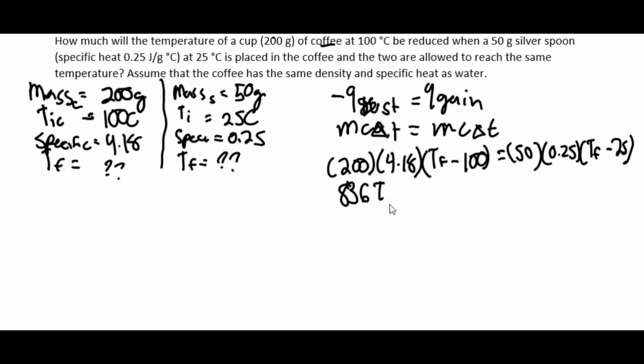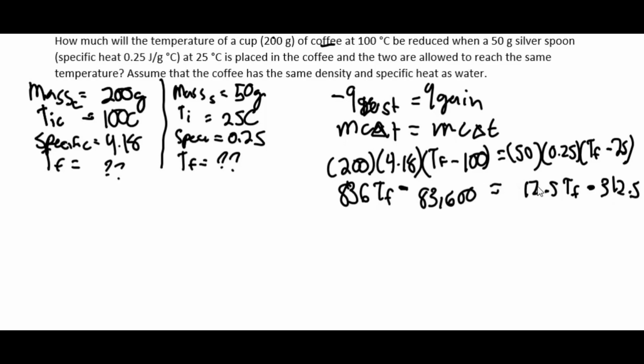So TF minus 836, 83,600 is equal to 50 times 0.25, that's 12.5 TF minus 25, 312.5.